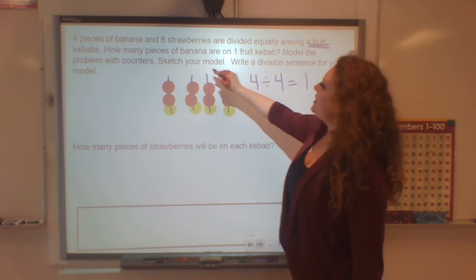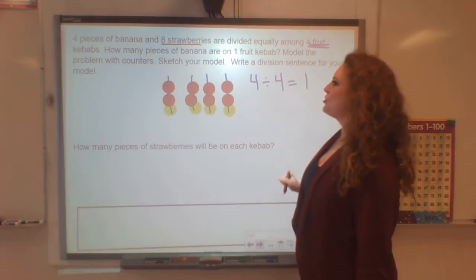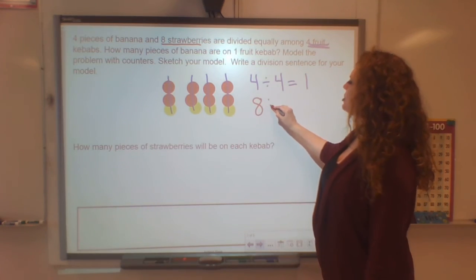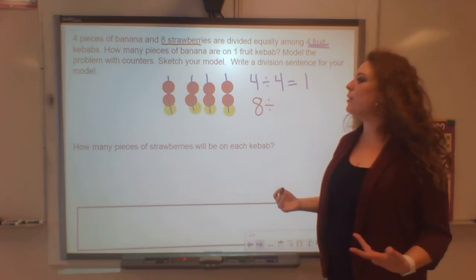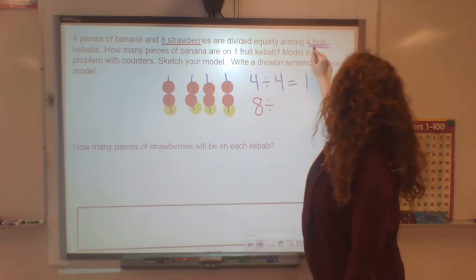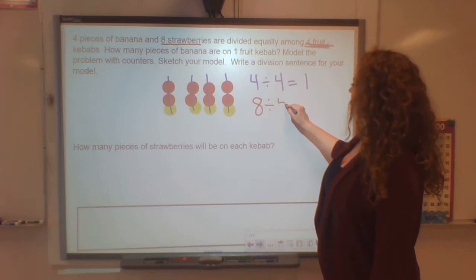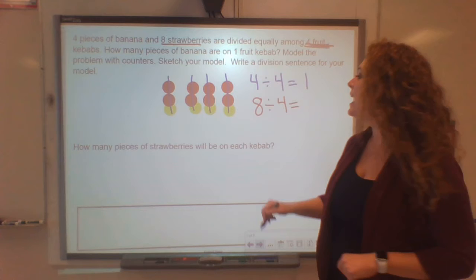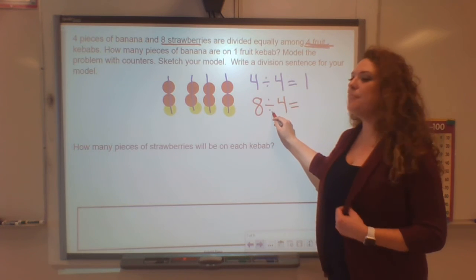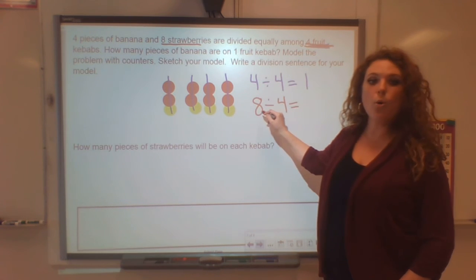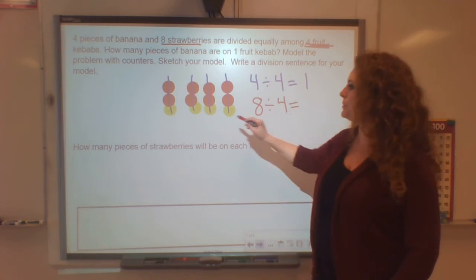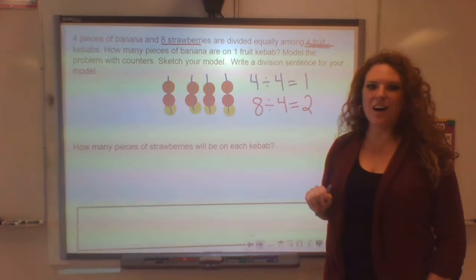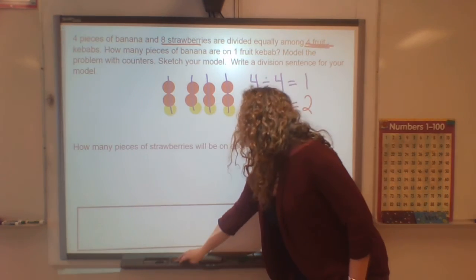I started with 8 strawberries, and I'm sharing them or dividing them out between 4 fruit kebabs. Now, when I look at the answer or the quotient, I'm looking for 8 divided out into 4 groups, or 8 shared equally into 4 groups, is 2. I have 2 strawberries on each kebab.